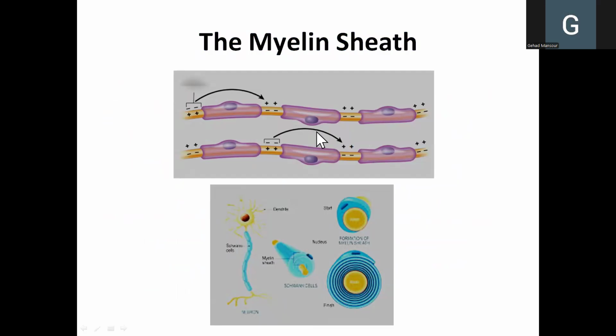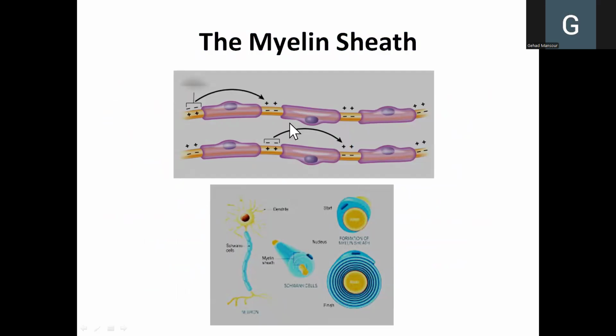But if you get this diagram, for example, and I might ask you about the process, you would say that it's saltatory conduction. It's a rapid type of conduction that occurs in myelinated axons because of the presence of, it's not enough to say because of the presence of the myelin sheath, because if the myelin sheath were continuous, we wouldn't see saltatory conduction.